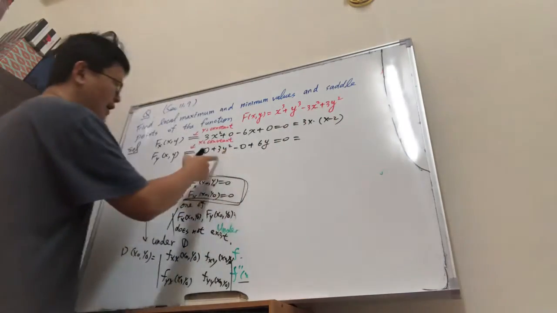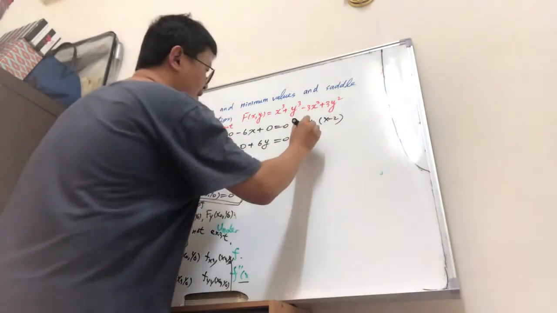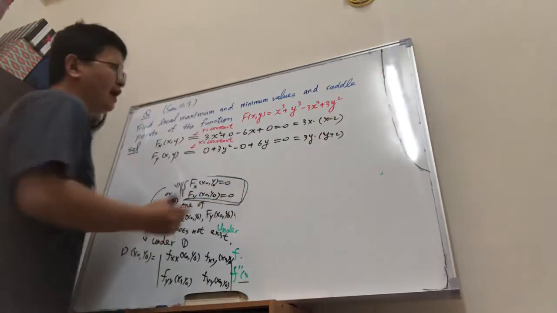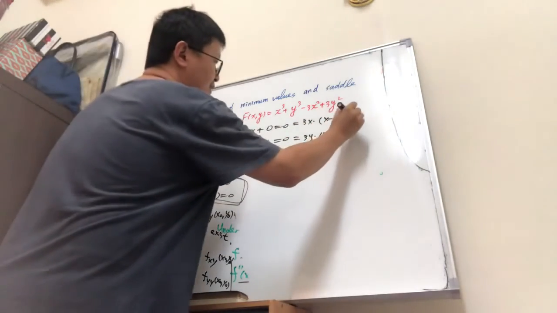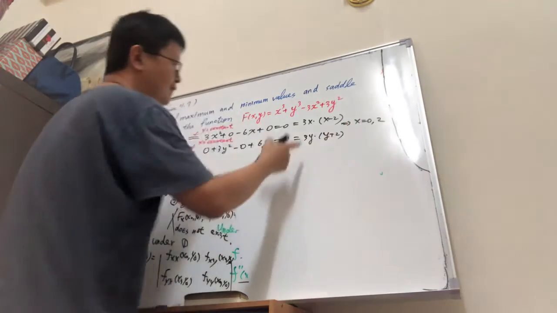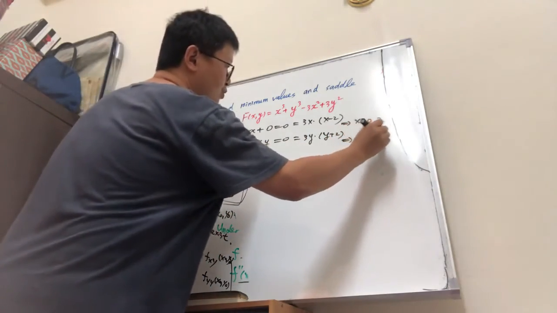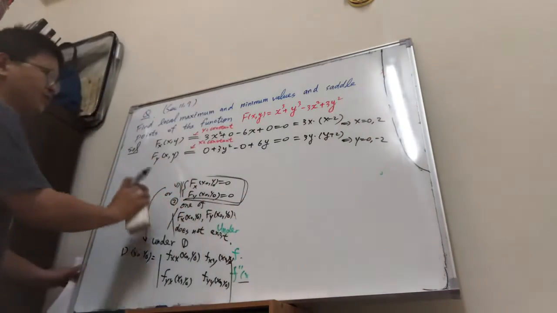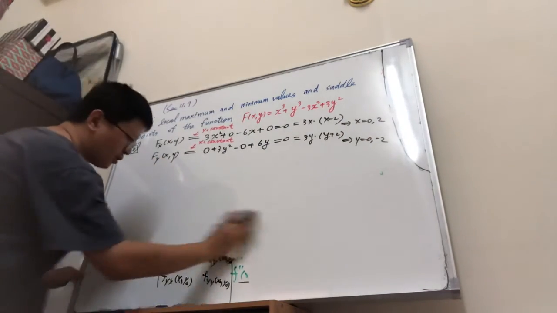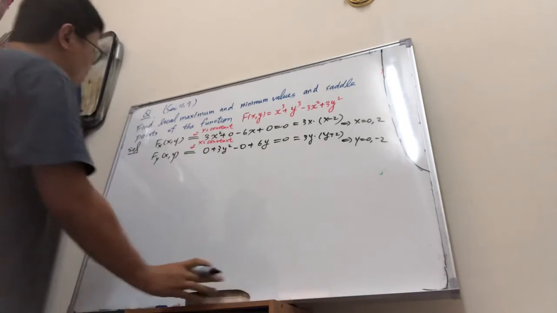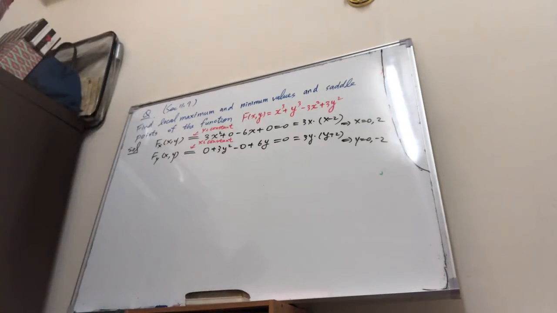And here, take out the common factor 3y, then we still have y plus 2. If it's 0, then x equals 0 or 2. And y equals 0 or negative 2.